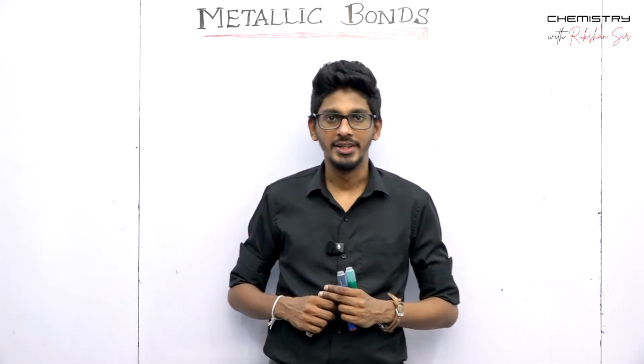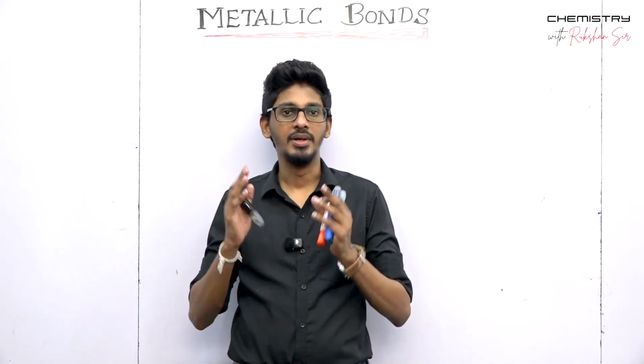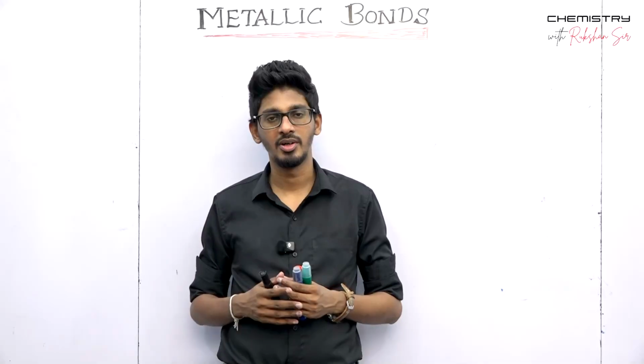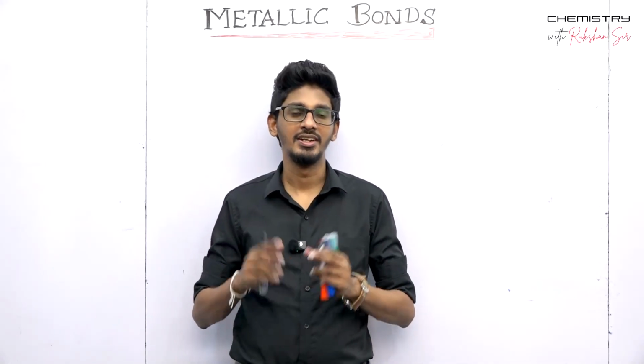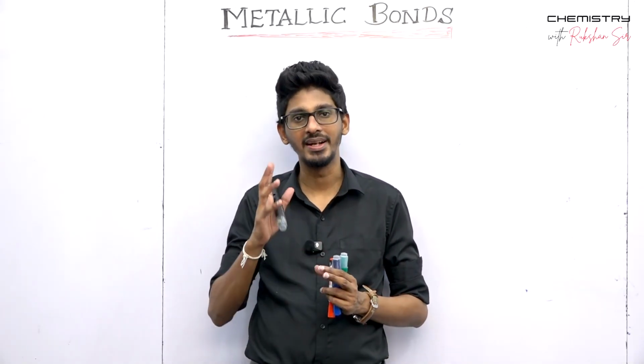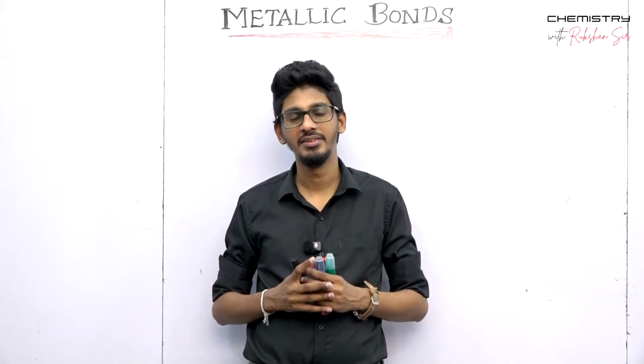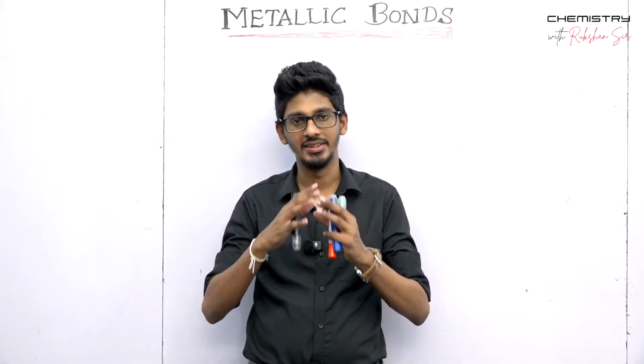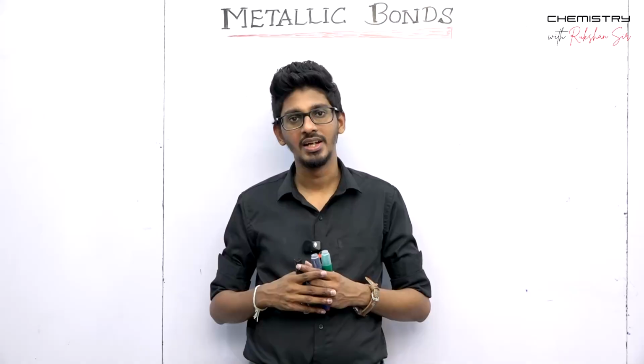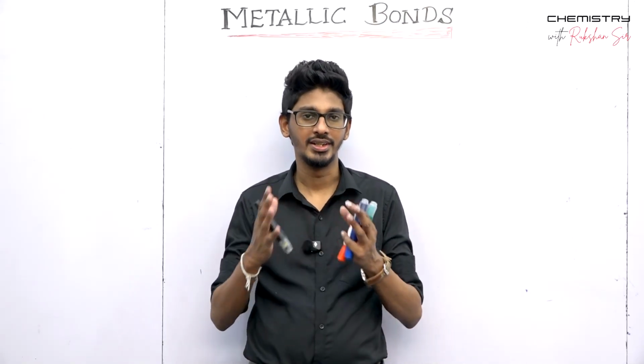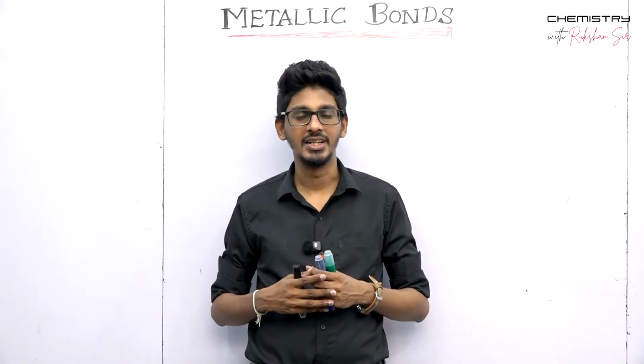Okay, metallic bond. Before starting the discussion about the metallic bond, first let's discuss a bit about metals and how they behave. Knowing the nature of metals will help you clearly understand the metallic bonding situation.